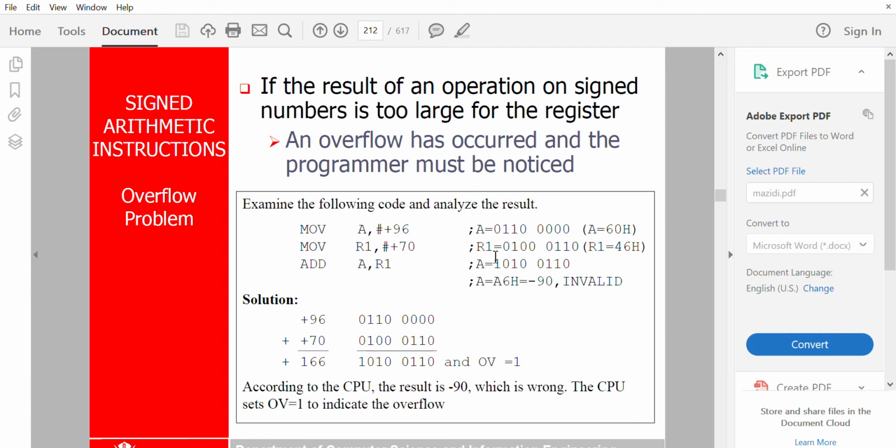Okay, suppose you are going to add these two numbers, 96 and 70.